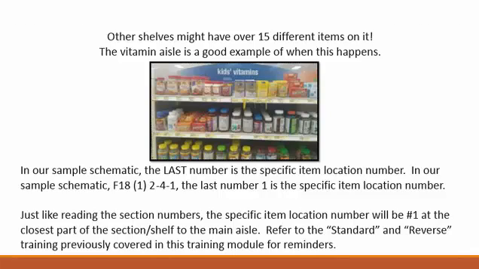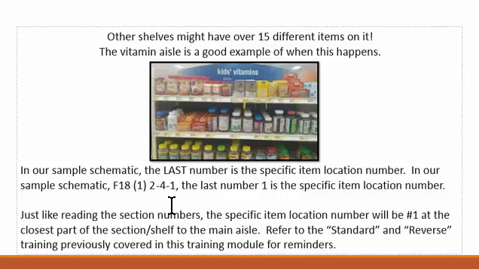So now we're going to go to the specific item number. In our sample schematic, the last number is a specific item location number. So F18, 1, section 2, shelf 4, 1. This last number 1 is the specific item location number.